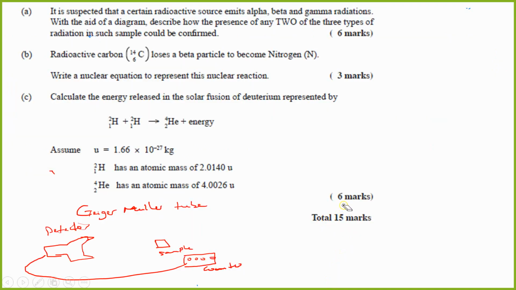Now, to continue the question, it wants us to calculate the energy that is released in a solar fusion of barium, or that type of word. I don't know how to pronounce that word. So this is what we call a nuclear fusion. Nuclear fusion always takes into account lighter nuclei.